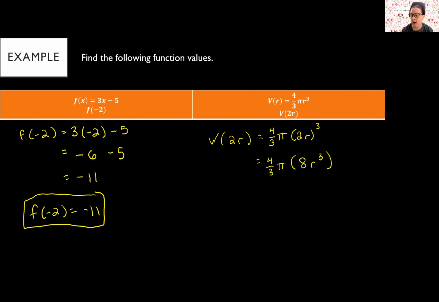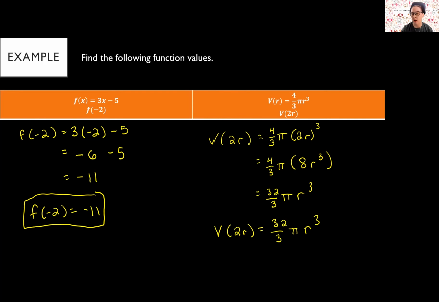Then we have 4/3 times the 8, which is 32/3 pi r cubed. So we now have a new formula: V of 2r equals 32/3 pi r cubed.